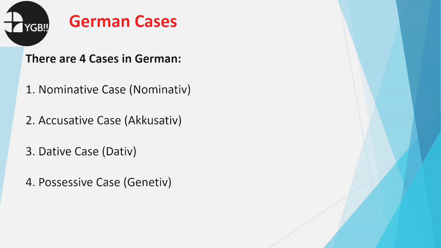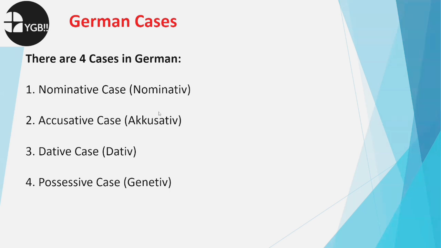So in German we have four cases: nominative case, accusative case, dative case, and possessive case. So what is the nominative case?